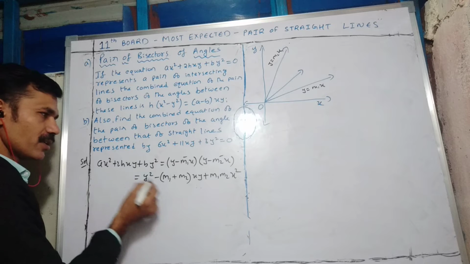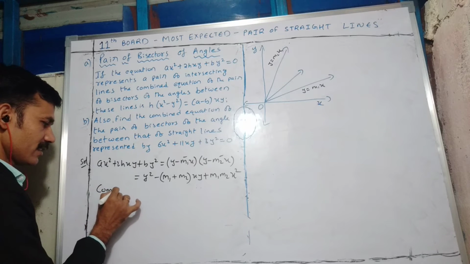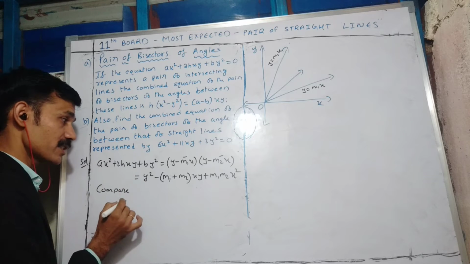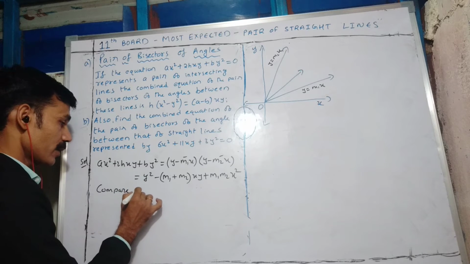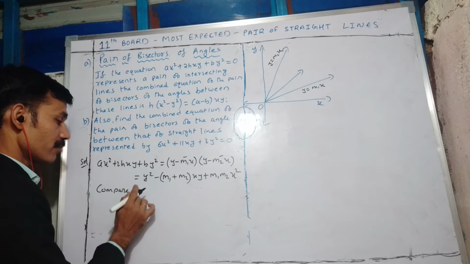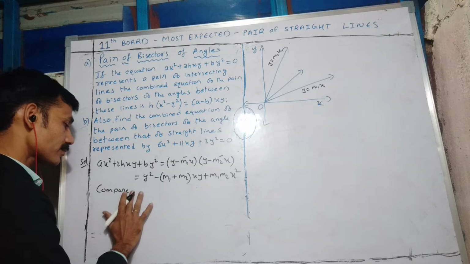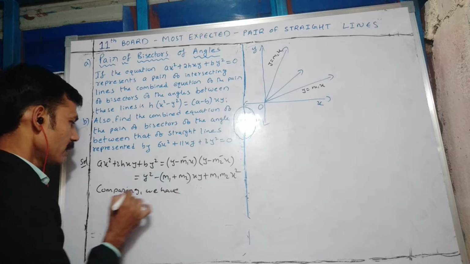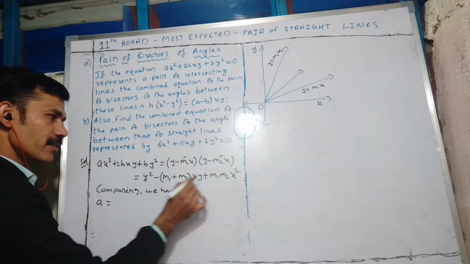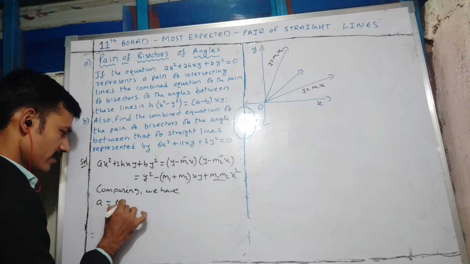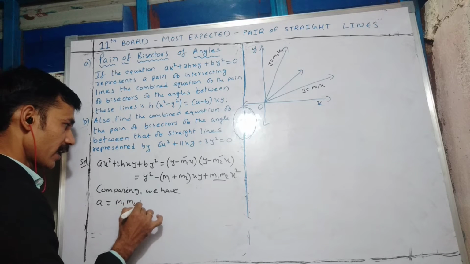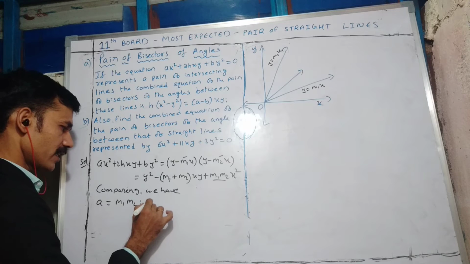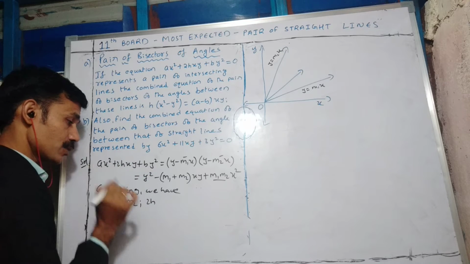Okay. Now comparing with ax square plus 2hxy plus by square, what are we going to have on comparing? We have the x square coefficient a will be m1 times m2, and next the xy coefficient, that is 2h.